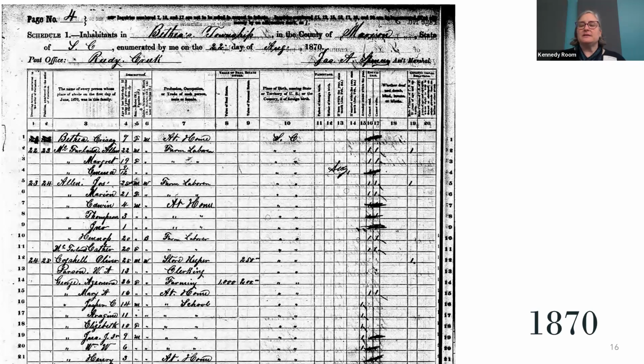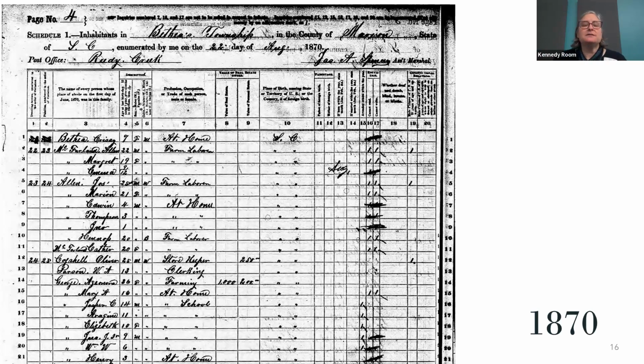And then they want the profession, occupation, or trade of each person over 15. That includes women as well as men. So before it was just male, now anybody who's working has their occupation, trade, or profession. The value of real estate and the value of their personal estate.